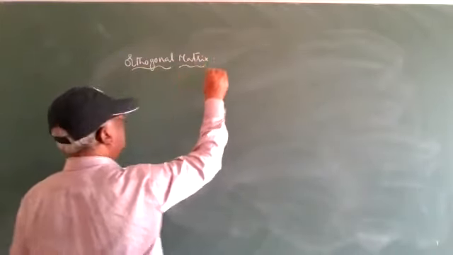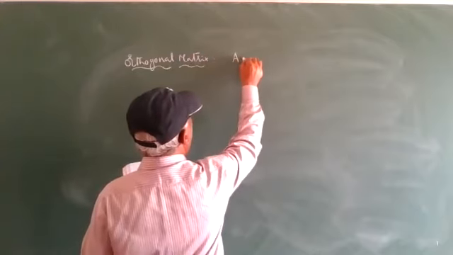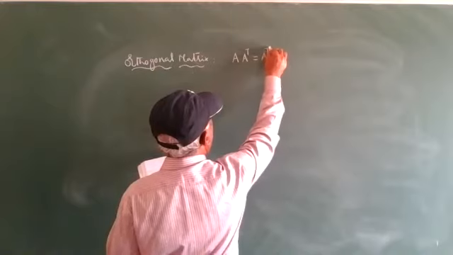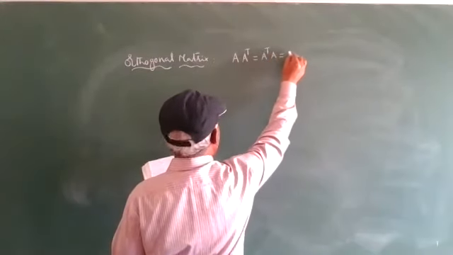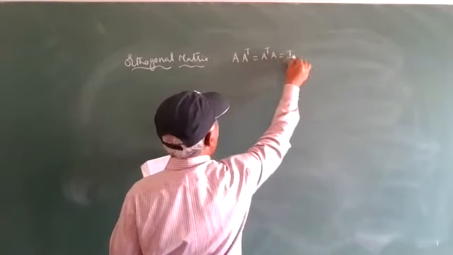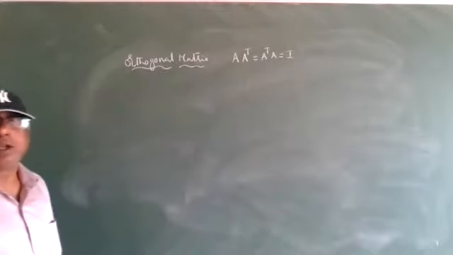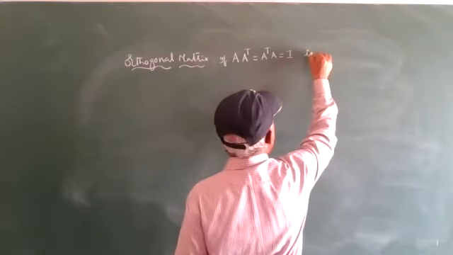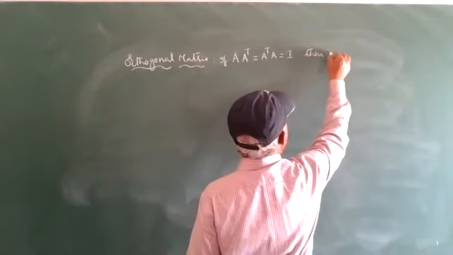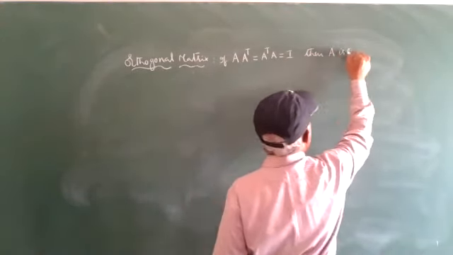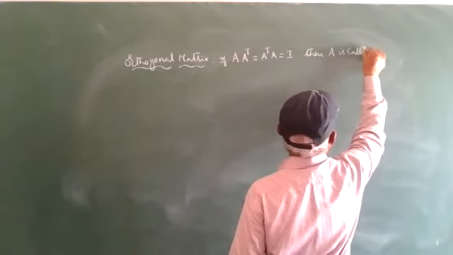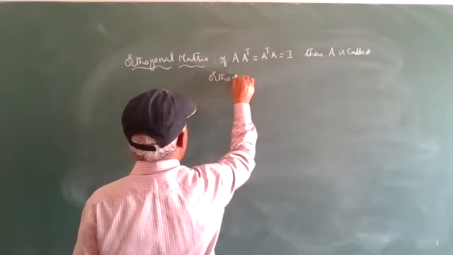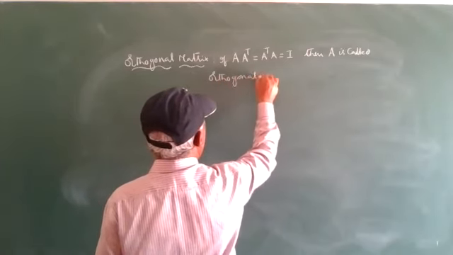A is the symbol of the matrix. If A into A transpose, or A transpose into A, is equal to the identity, then A is called an orthogonal matrix.